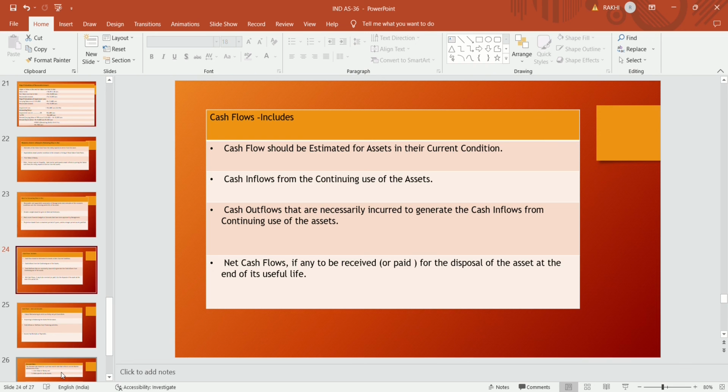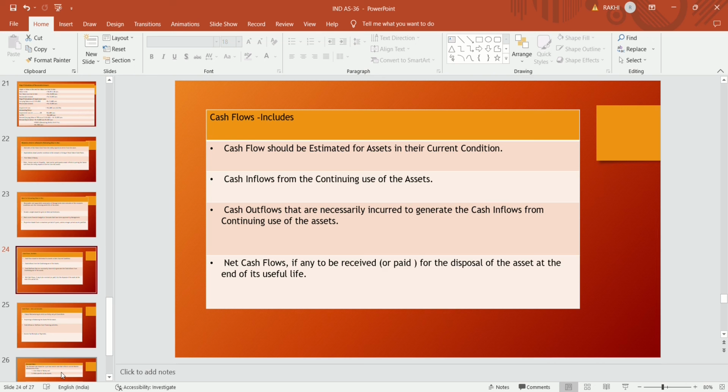And if in continuing usage we require some repairing, then the cash outflows necessarily incurred to generate the cash inflow from the continuing usage of that asset. We will expend some money to get some inflow from the continuous use of that asset. So, in net, how much net cash flow is to be generated and received or paid off at the terminal point of time.